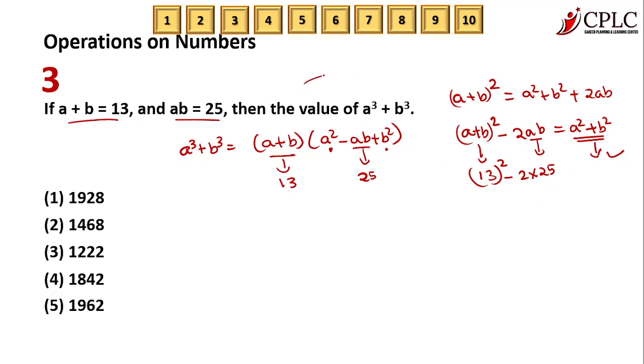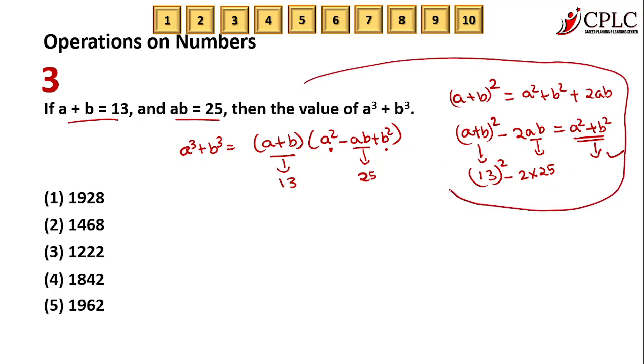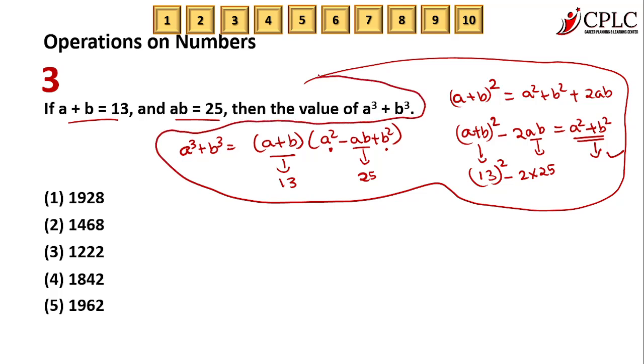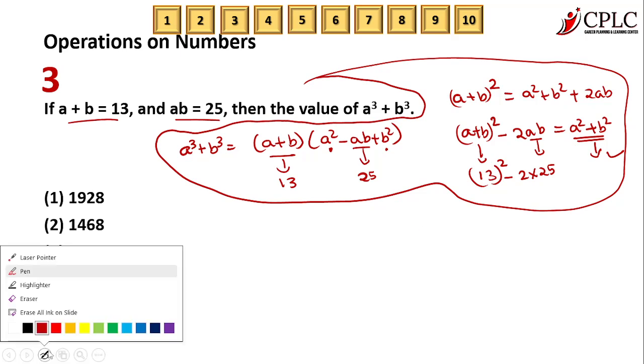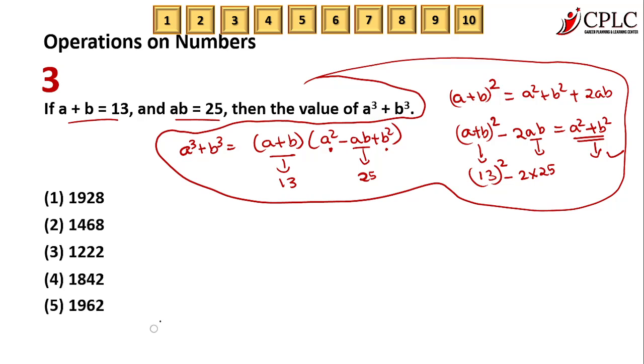Now this is one way to get the answer of a cube plus b cube. Then there is another way, and this is critical, which is why you have to remember or understand all the formulae. How do you otherwise get a cube plus b cube apart from the original formula?